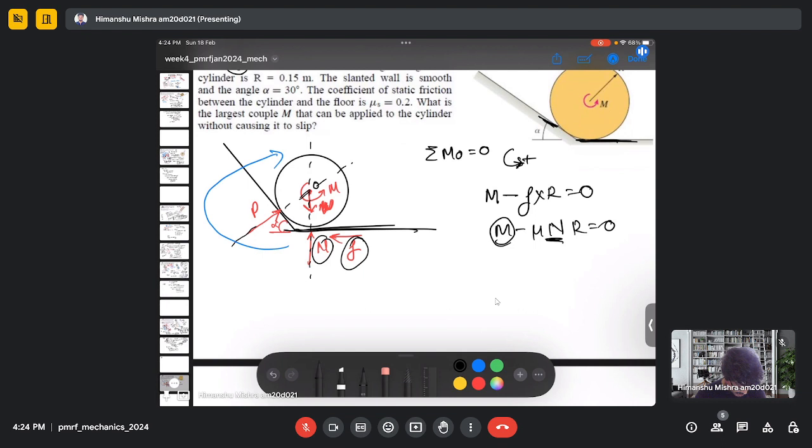And in order to calculate the normal reaction, let's do the summation of forces in the vertical direction. So we will have N minus W, and we will have this force, the normal reaction P, which is acting here. Sorry, this will be alpha, this is theta, this is 90.